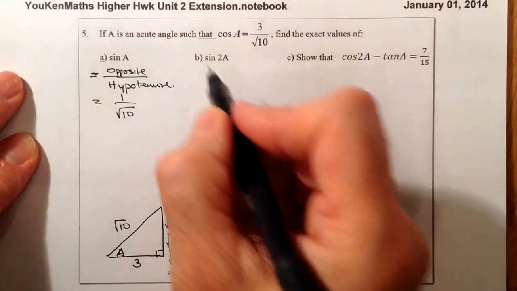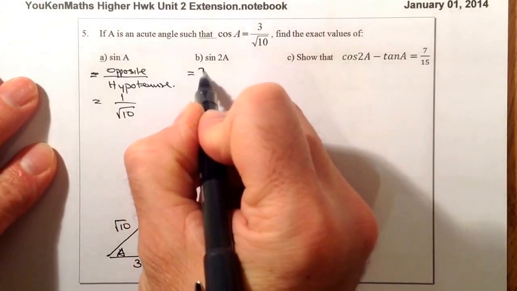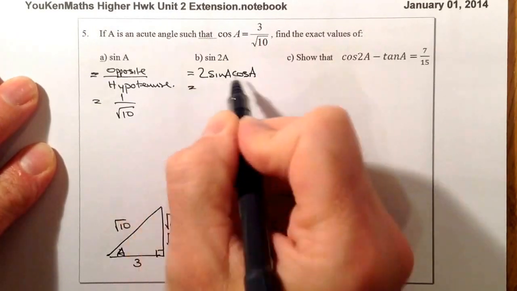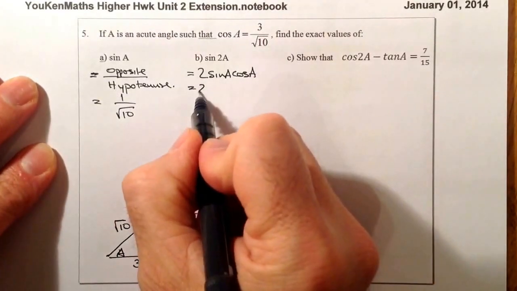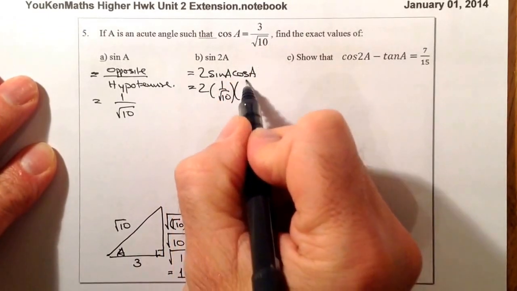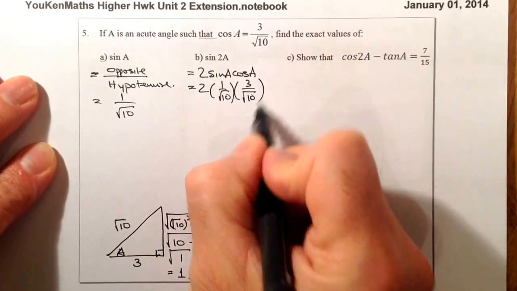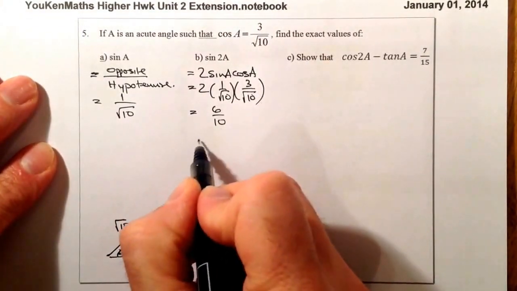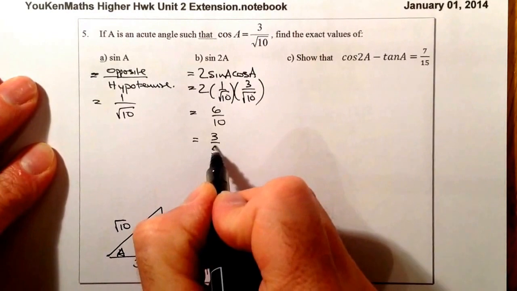Right, so sine 2A, so just looking at the formula sheet, that would be 2 sine A cos A. I've already worked out what sine A is, so I've got 2 times 1 over root 10, and cos A was given to me in the start of the question. So it's that there. Multiply it across the way would give me 6 over 10, simplified down to 3 over 5.